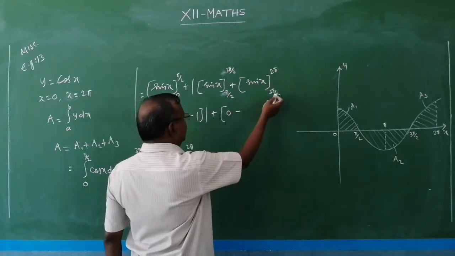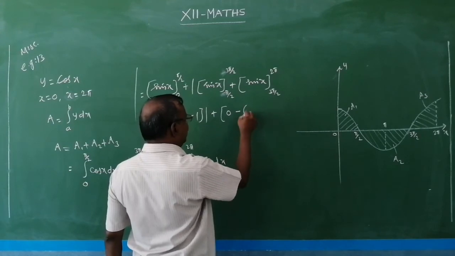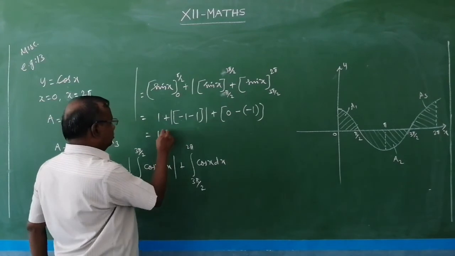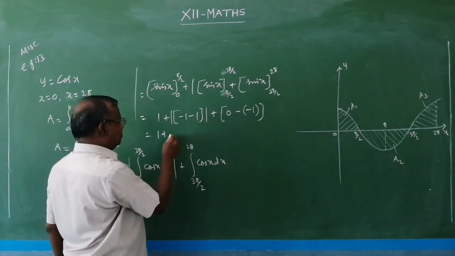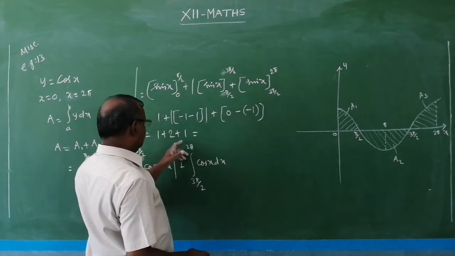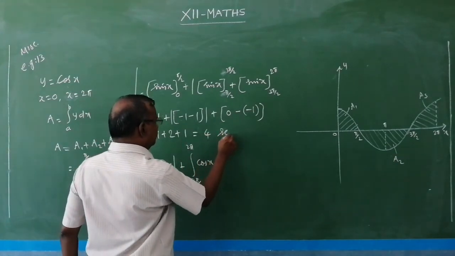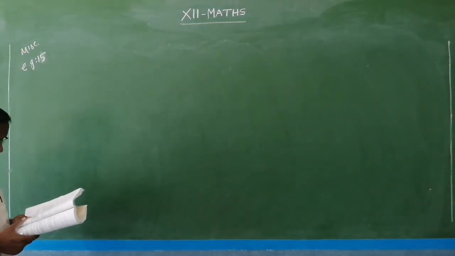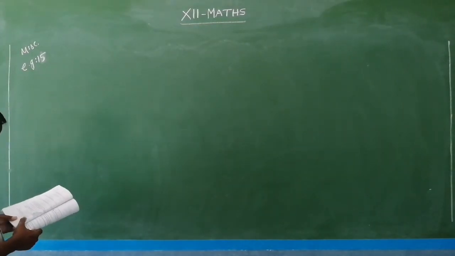So minus sin 3 pi by 2 is minus 1. So this is equal to 1 plus modulus of minus 2 equal to 2 only, plus 1. 1 plus 2 plus 1 equal to 4. 4 square units is the answer. Next, miscellaneous example 15.